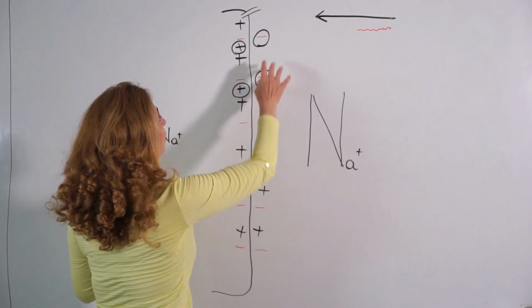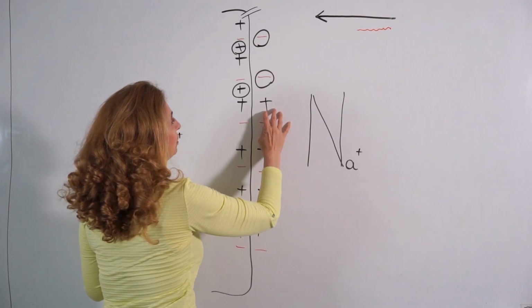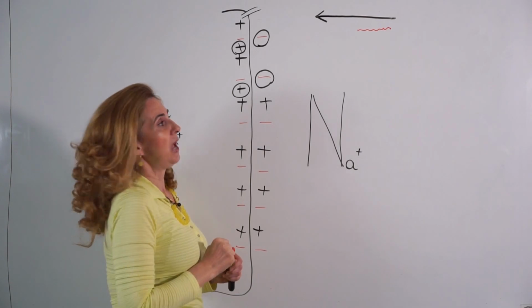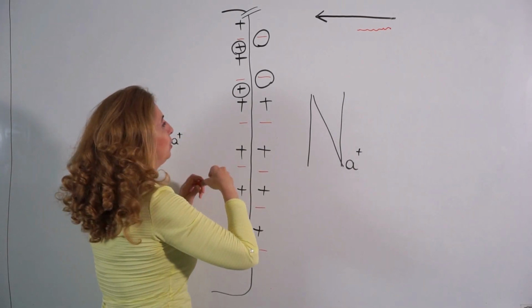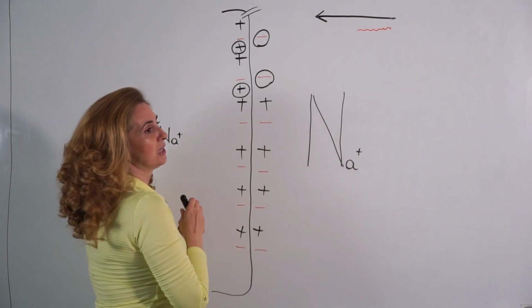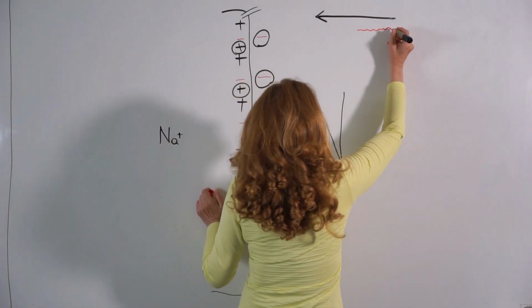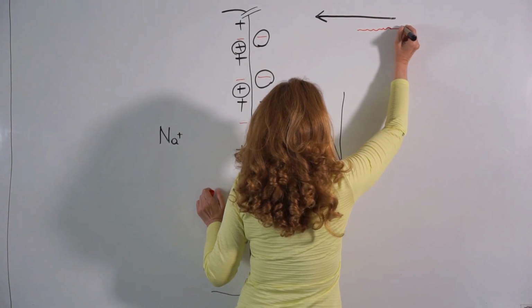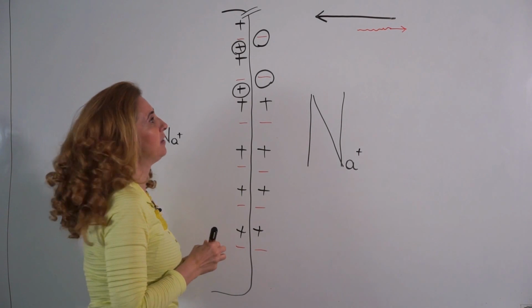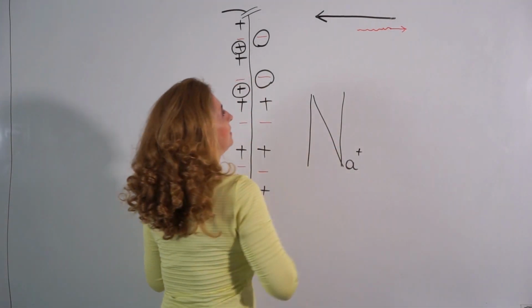The negative end of this electrical potential difference is located on the outer side of the membrane, and this is going to pull sodium towards the outer side of the membrane. So, for the arrow that is going to represent our electrical force, we can put the arrowhead on the other side here.